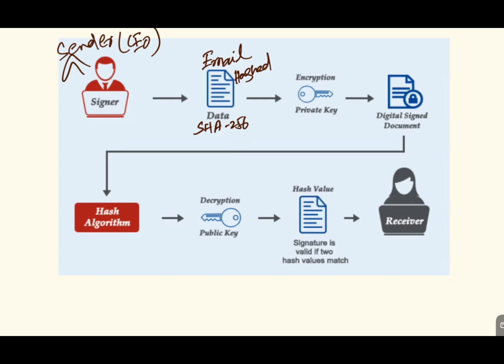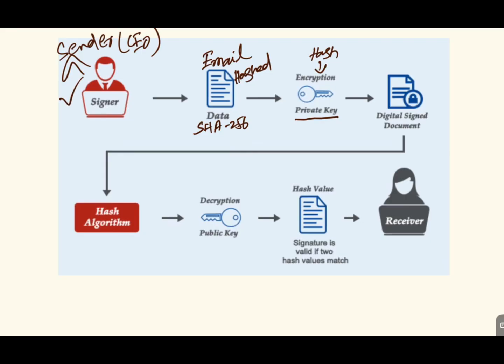So the next step would be that the resulting hash is encrypted with the private key. The hash encryption is done using the sender's private key, because this is the sender.